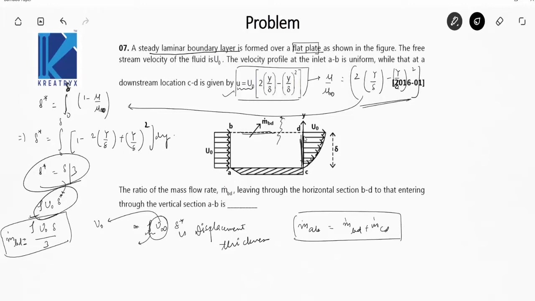We have to find the ratio of m dot BD to m dot AB, the mass flow rate which is entering. The mass flow rate entering is rho u naught delta. Take the ratio, the answer will be 1 by 3, that is 0.33.